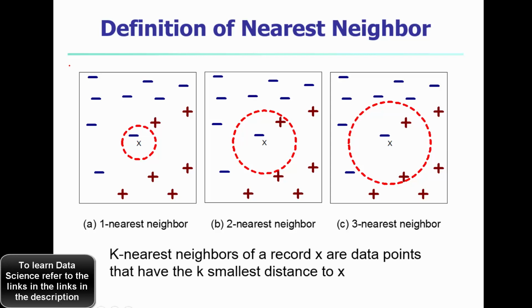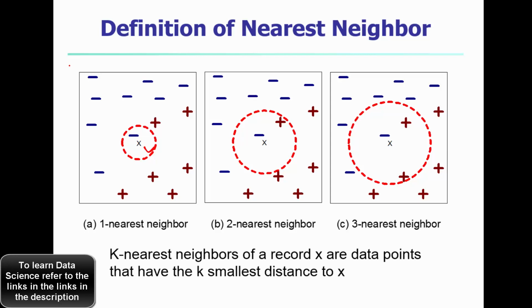Okay, so there could be several numbers that can be associated with k. It can be 1, 2, 3 or more. So here is an example of just k equal to 1. This is a new data point, and the given data is just negative and positive, and we just take the closest one, which is negative.